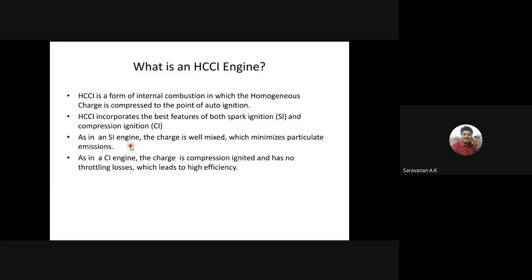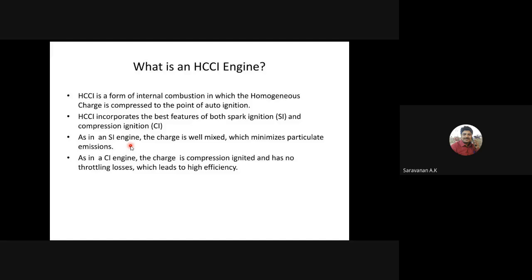In the fuel rich region, there is insufficient oxygen, so the soot formation emission will be high. And in the high temperature region, it will produce the oxides of nitrogen emissions.